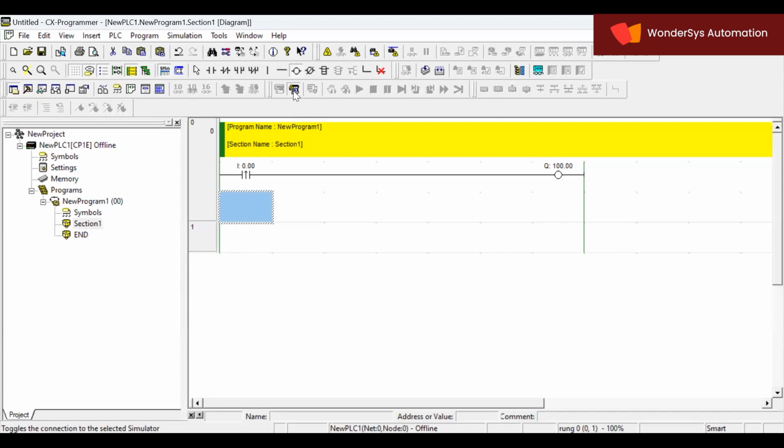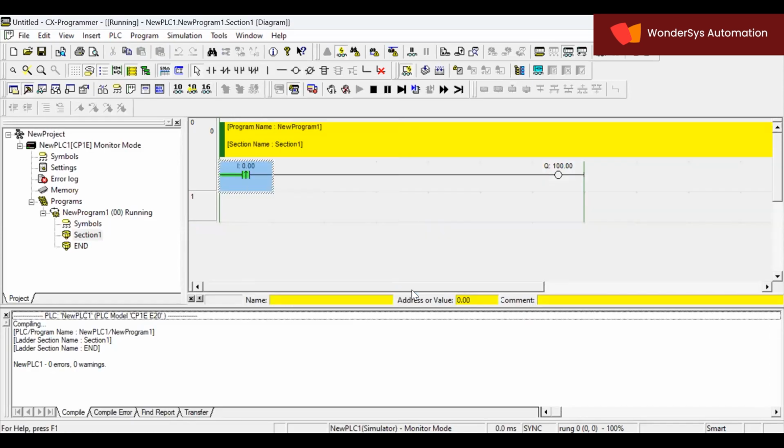So I'll simulate now. I made it on. Did the output get on? Can anyone confirm? No, ma'am, you're not seeing anything, right? Yeah, because it is only the transition from 0 to 1.